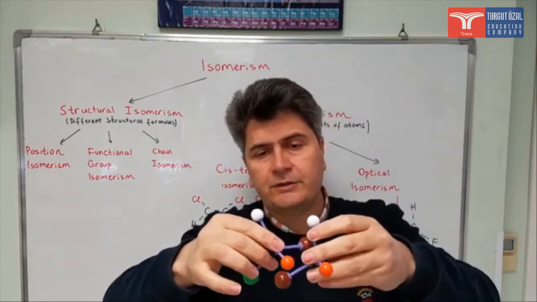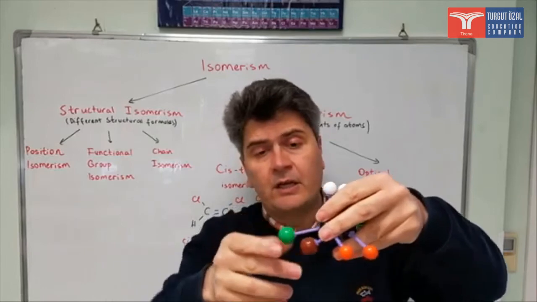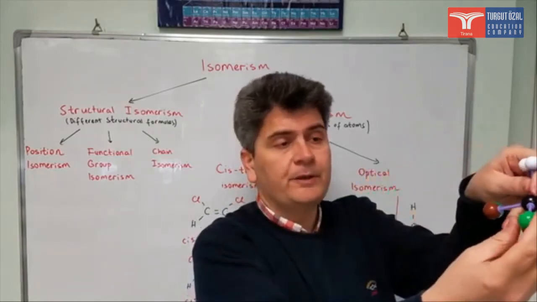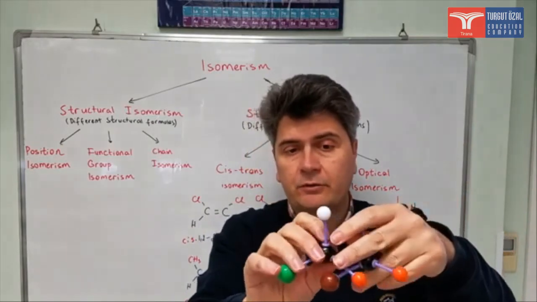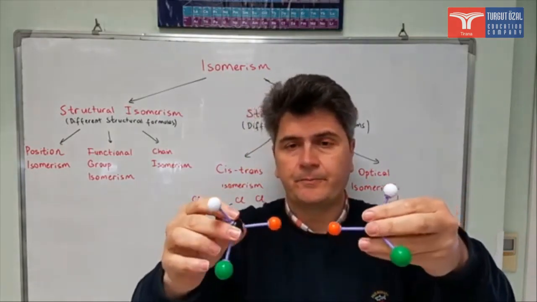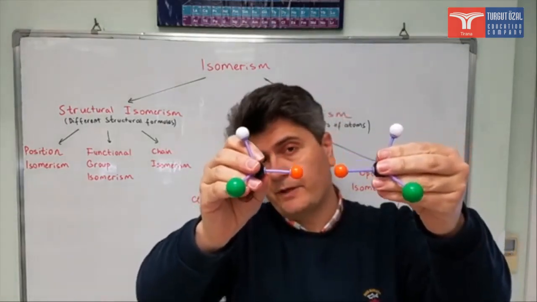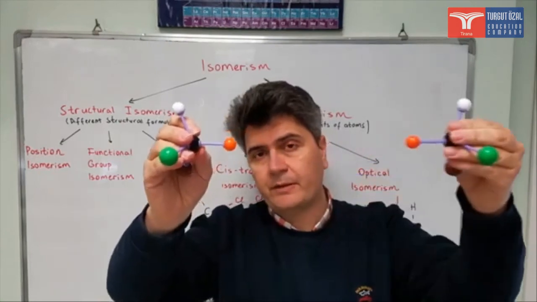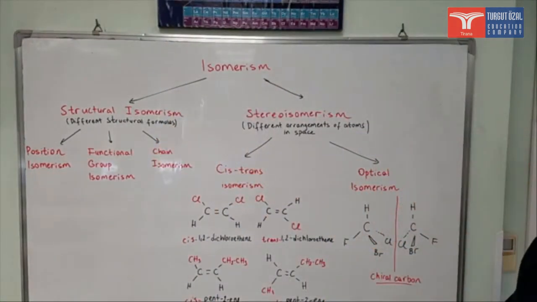The orange is attaching to the orange one, white is attaching to the white one, but as you see, I cannot superimpose these 2. They do not match. If you try to put them as mirror images, however, you see that they are mirror images of one another. So this compound and that compound are optical isomers. That's all for this video.